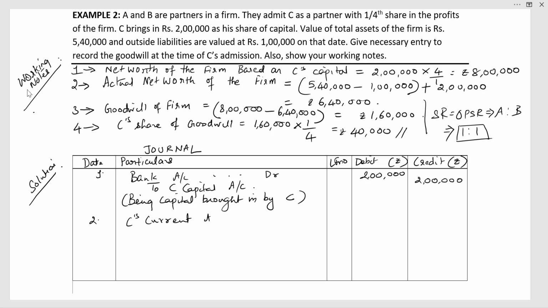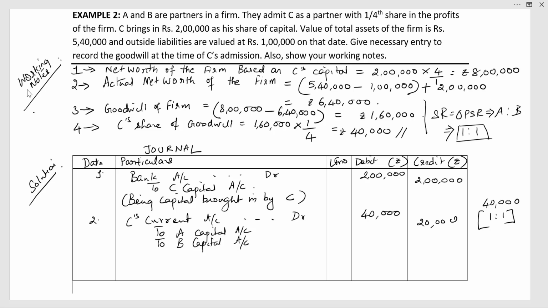We have C's current account debit C share of goodwill rupees 40,000 to A capital account, to B capital account. 40,000 in sacrificing ratio 1:1. Rupees 20,000 against A and rupees 20,000 against B.